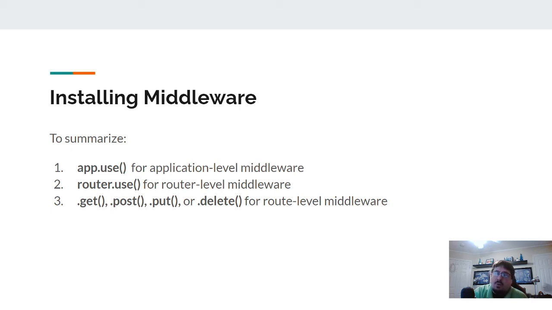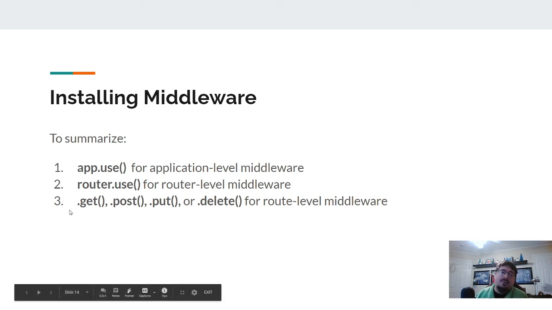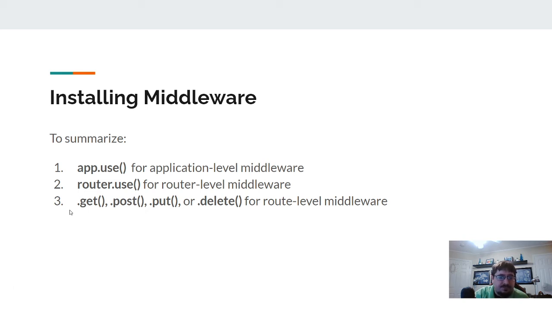But maybe I don't want to bear that burden for every route because maybe not all routes have forms. So I only need to inject that in routes that actually have forms. So I might say, let's not put URL encoded at the application level. Maybe I just put it on the route level wherever I need it. Does that make sense? Yep.